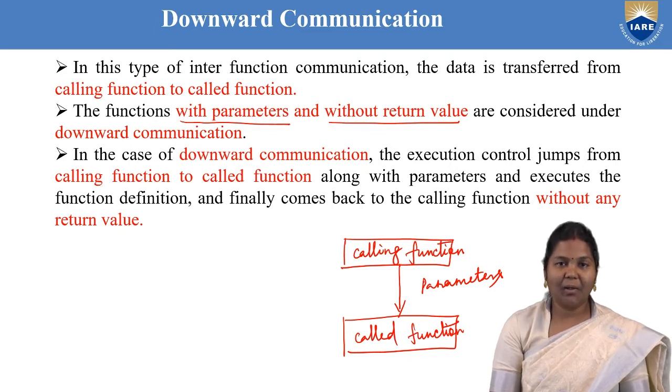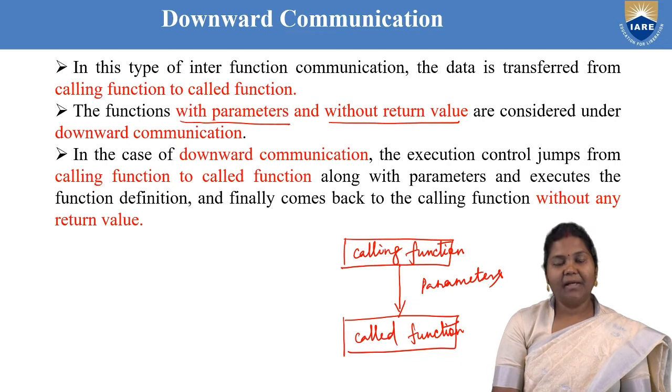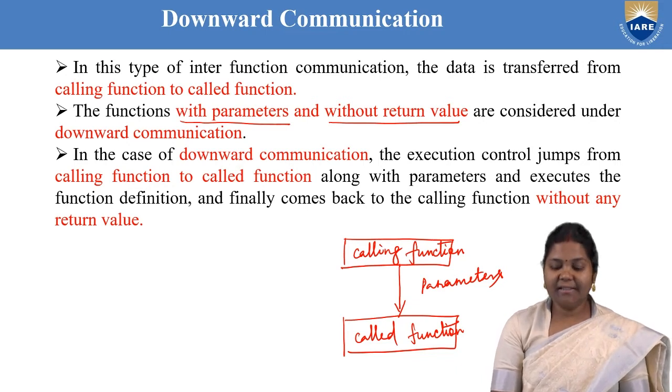This is called downward communication. The execution control jumps from the calling function to the called function along with the parameters, executes the function definition, and finally comes back to the calling function without returning any value.